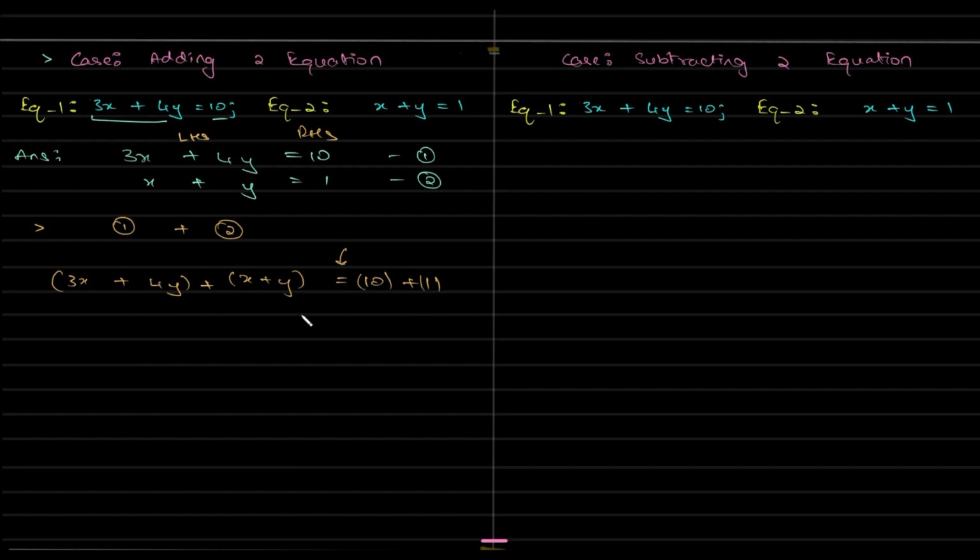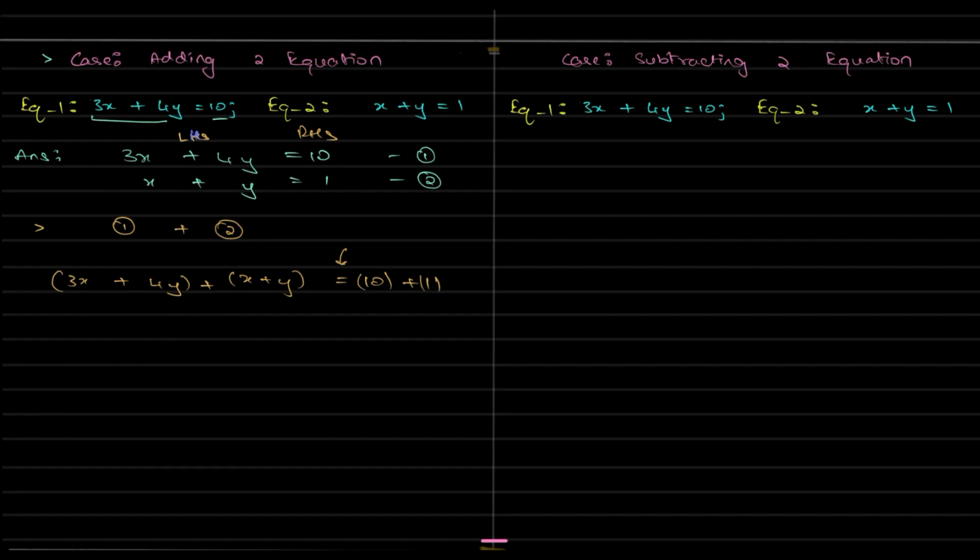Okay. So open the brackets, pause the video and try to solve it. So again, what are we doing? We are adding two equations which are combinations of expressions. So LHS is your first expression being equated to your RHS, the second expression. We are adding the LHS with the other LHS, RHS with the other RHS.